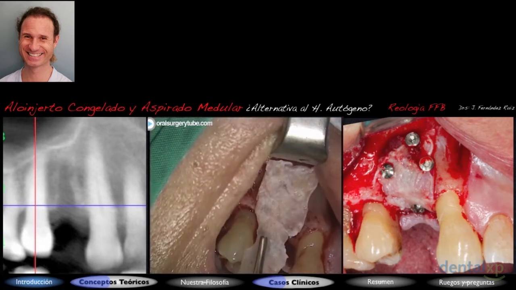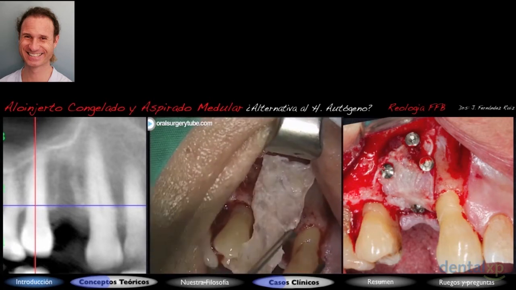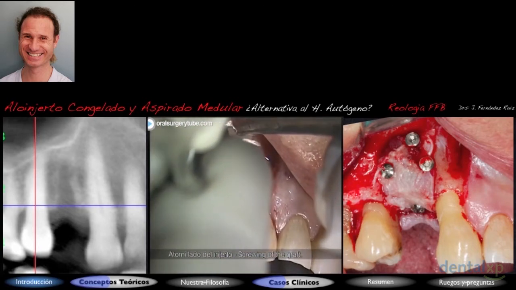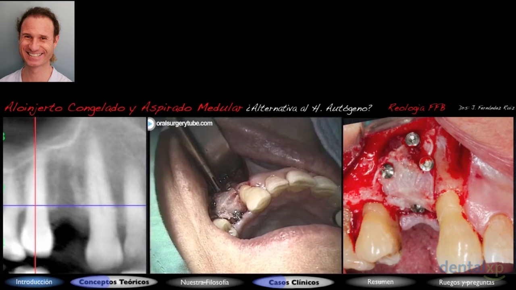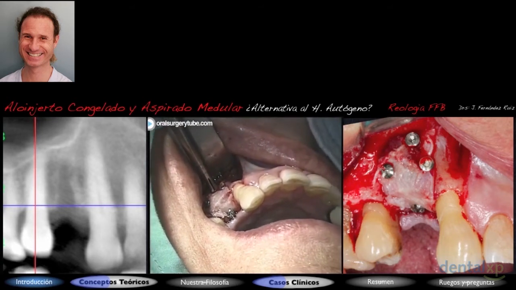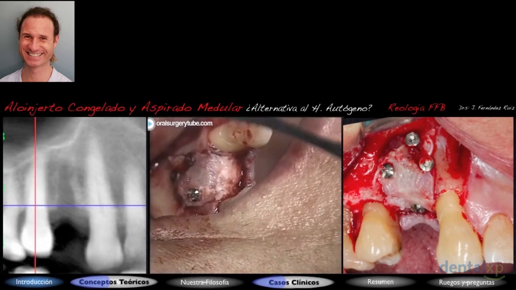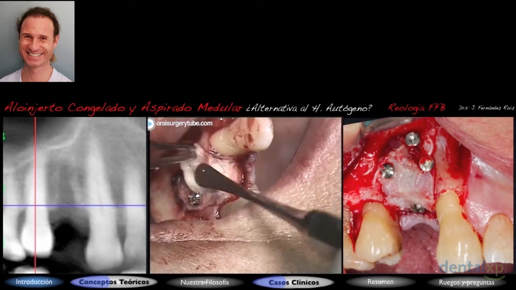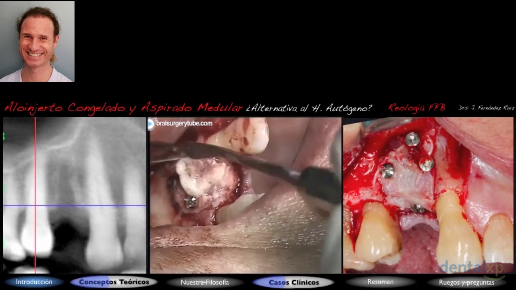So what I will do is place the bone graft with spongious bone, and then we will fix the thin cortical bone graft with some fixating screws.